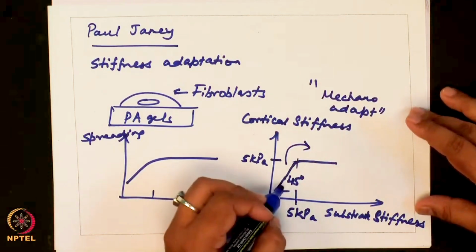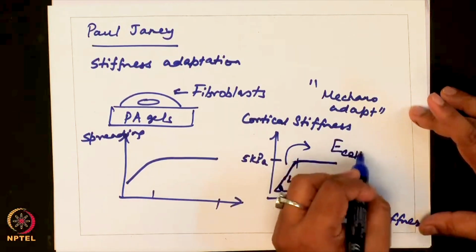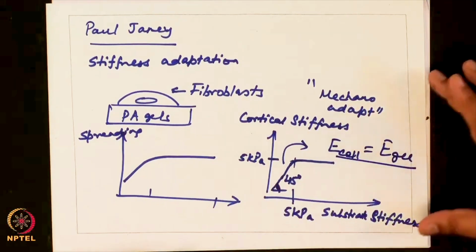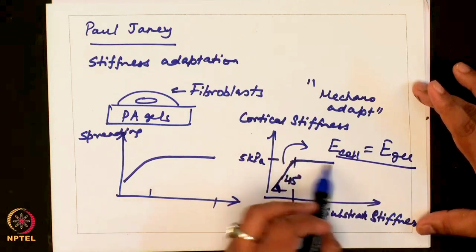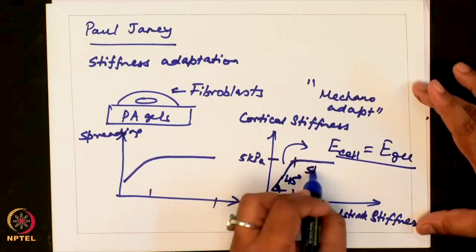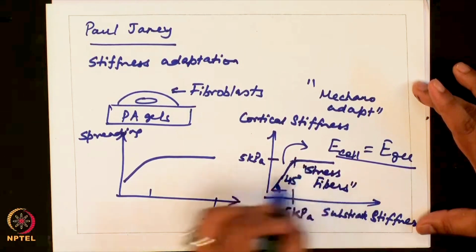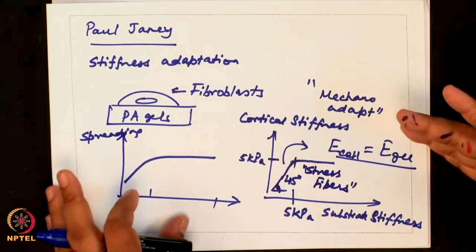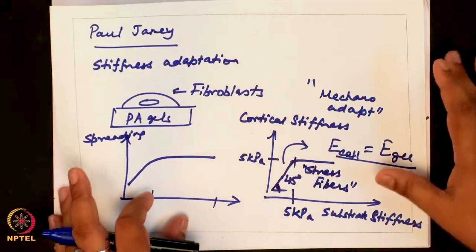So, this angle was 45 degrees, which meant that cell stiffness, E cell, is equal to E gel. Beyond 5 kPa, the cell stiffness did not change much, but stress fibers were only observed in this flat zone. So, this is one example in which you can probe how cells mechanoadapt in response to substrate stiffness.